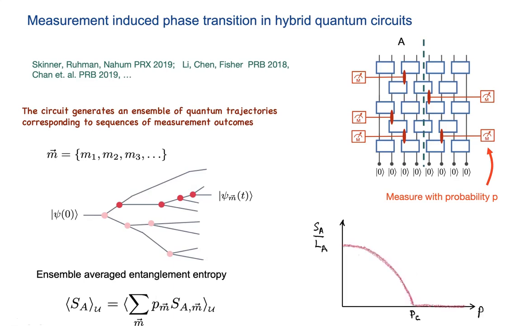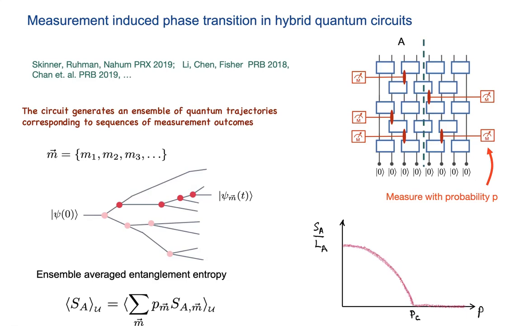The result of these numerical papers and some analytical arguments is that there is a phase transition as a function of the measurement rate. If you had no measurements, this would be just a unitary circuit with random unitaries, which would generically make the entanglement grow linearly in time until it saturates, for a subsystem of size A, to a volume law proportional to the volume of A. Now when you start measuring, if I had only measurements, then I would immediately collapse the wave function to a non-entangled state, if the measurements are completely local.